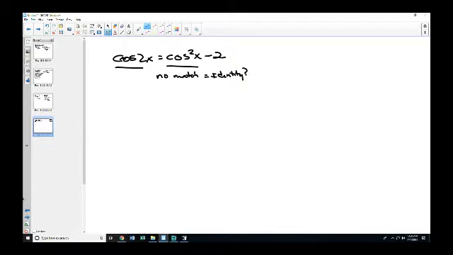So is there an identity with cosine 2x that has cosine squared in it? Yeah, double angle. Cosine 2A is equal to cosine squared A minus sine squared A. Okay, that's one option. What's the next option? It's 2 cosine squared A minus 1, or 1 minus 2 sine squared A.